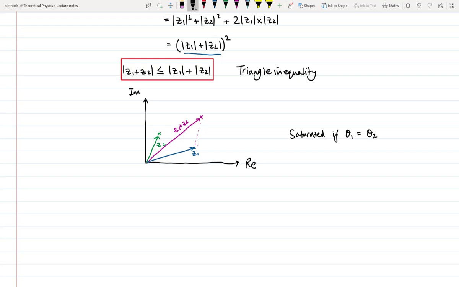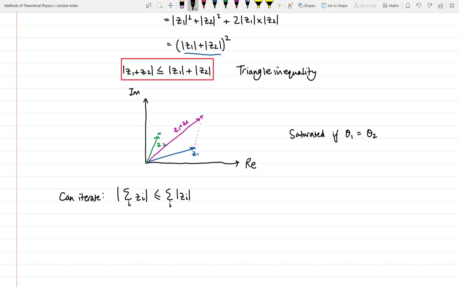In other words, their vectors are collinear. It turns out we can iterate this result, and we find that the modulus of the sum of a collection of complex numbers is bounded by the sum of the individual complex numbers' moduli.